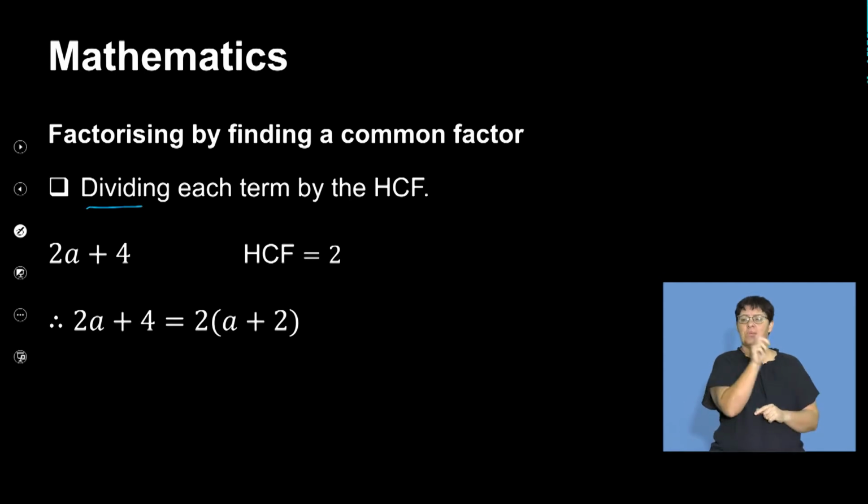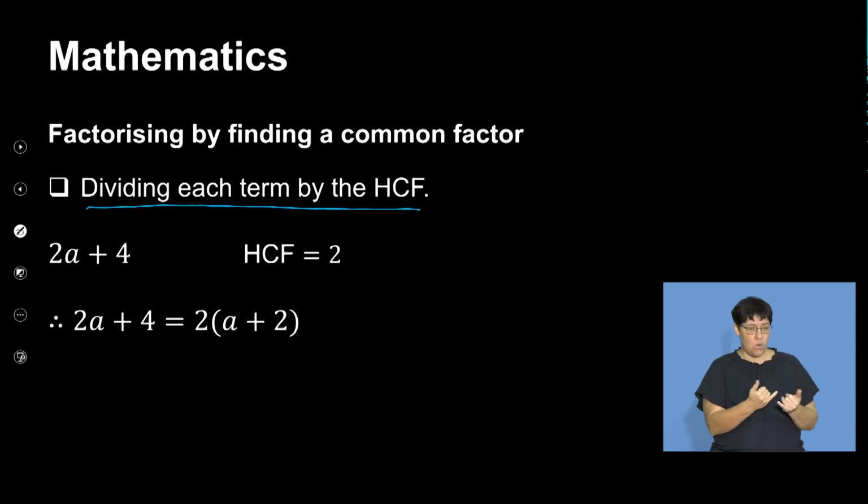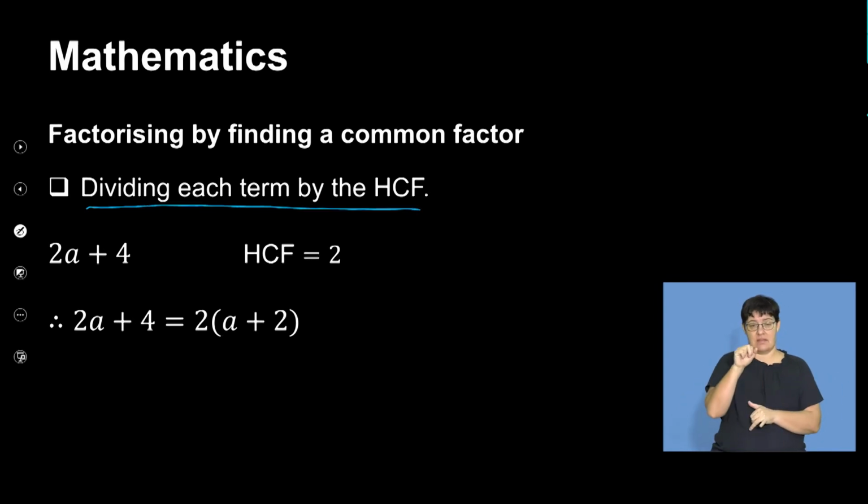It actually means that you are dividing each term by the highest common factor. The highest common factor of 2a plus 4 will then be 2, right? 2 is a number that is divisible into 2a without leaving a remainder, and 2 is a number that is divisible into 4 without leaving a remainder.